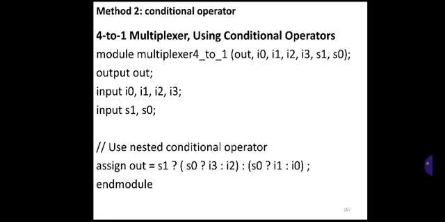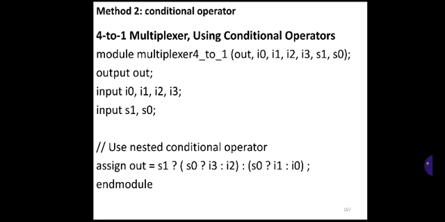If S1 itself is false, that is S1 is 0, then go to the second expression, the false expression, S0 question mark I1 colon I0. If S1 is 0 and S0 is 1, then I1 is assigned to out. If S0 is 0, I0 is assigned to out.